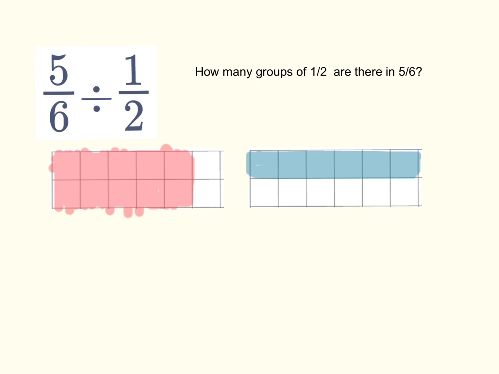So now with the model, what you're asking yourself this time is, how many blue patches does it take to cover up this whole red patch? There are 6 little squares in one blue patch. So we're going to just count here.